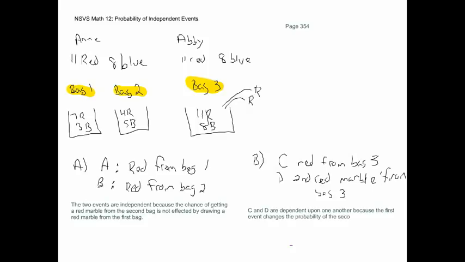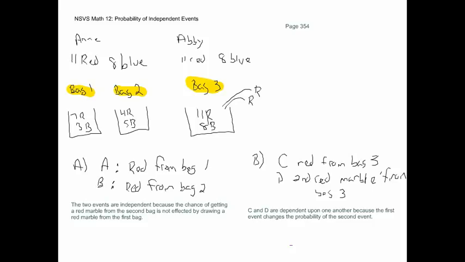So since one event changes the probability of the other, they're dependent upon each other. Because once one red marble comes out, then there's no longer 19 marbles in the bag, there's only 18. And there's no longer 11 red marbles, there's only 10. So two events are dependent upon one another if one changes the probability of another.